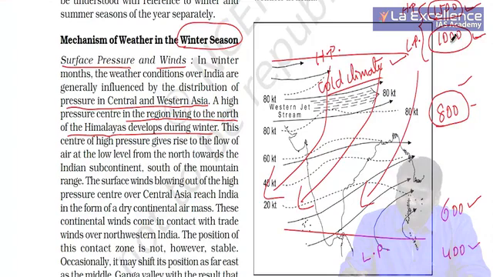Now when I take Tibet and India, can I say 1000 is high pressure and 800 is low pressure? And then can I say 800 to 600, this is high pressure and this is low pressure?